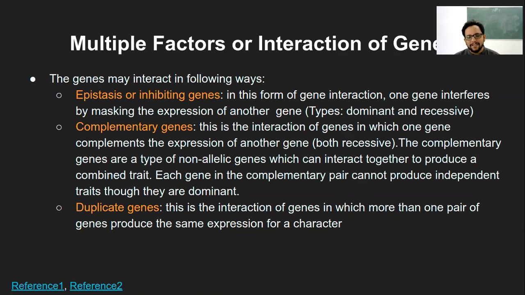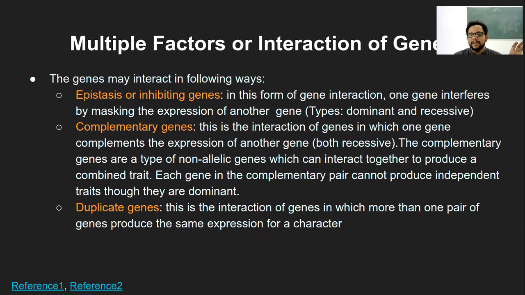And first being epistasis, which means inhibiting genes. In this form of gene interaction, one of the genes will interfere by masking the expression of another. And this is not like how we say dominant and recessive. There also the recessive is not expressed, but that recessive is not masked by the dominant.